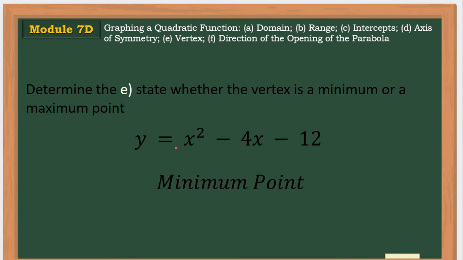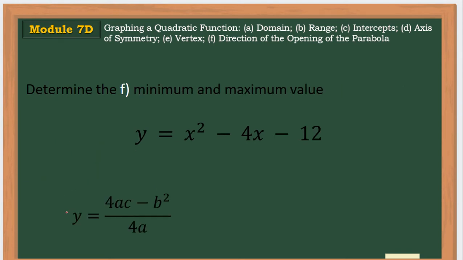Since a ito ay positive, opens upward siya, kaya minimum andito siya. Okay? So, ang minimum value natin is negative 16. Naka-base siya sa vertex natin, which is h, k. Ang k natin doon kanina is negative 16. Ito rin yung formula.